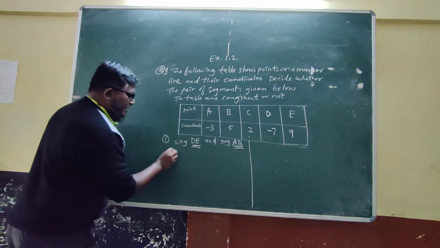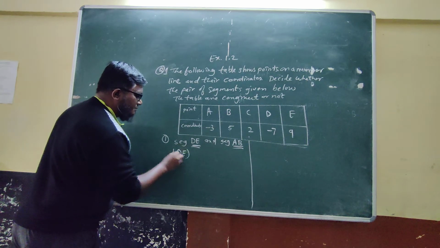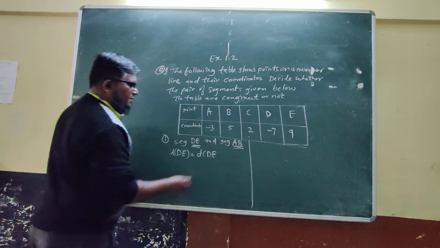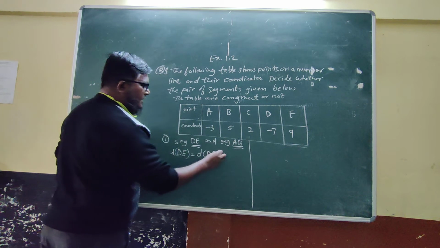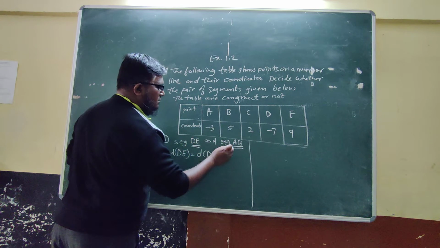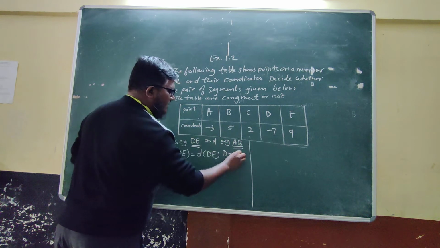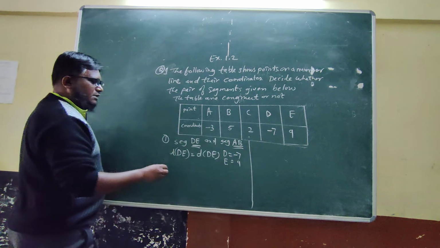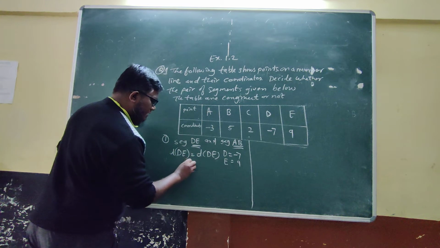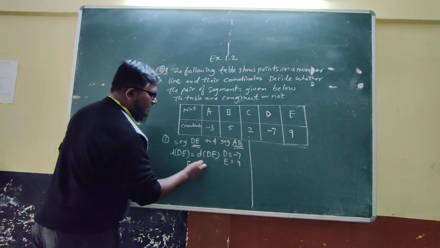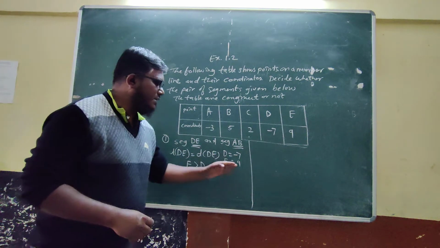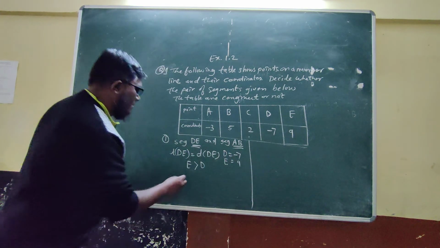First, we will take the length of DE. We have to find the distance of DE, in which D has coordinate -7 and E is equal to 9. E has the greater coordinate than D, so we subtract the smaller number from the greater one.